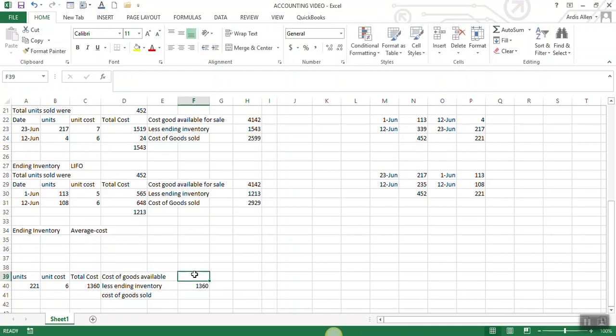The cost of goods sold is the cost of goods available for sale, 4,142, minus the ending inventory cost, which gives us 2,782.